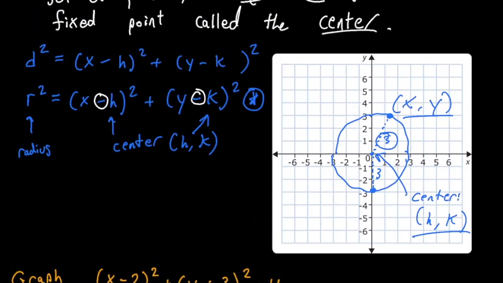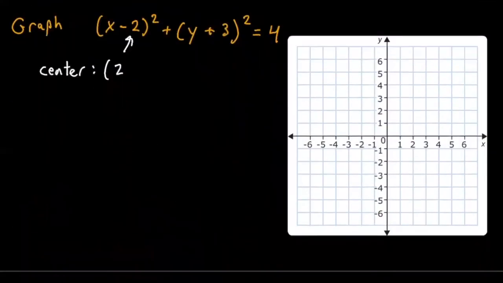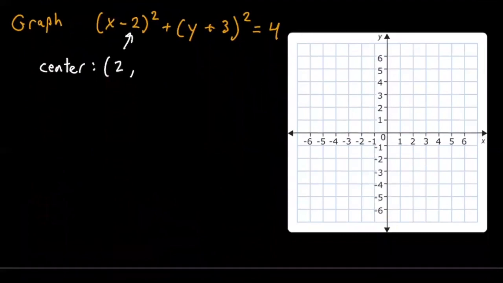So one thing to be careful of is it's x minus h, y minus k. So 2 is our x value. And the subtraction is important because over here we have y plus 3, which if we think of subtracting is the same as y minus negative 3. So negative 3 is our y value for our center. So right away we identified the center, 2 comma negative 3.